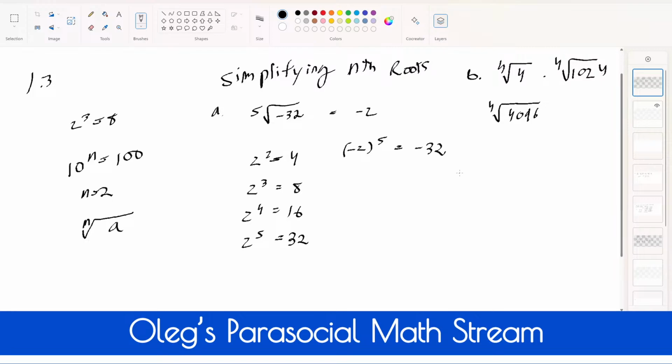So the fourth root of a is the square root of the square root of a. That's another way to think about it. You have to be extremely careful with signs on this stuff, but in this case, the answer is 8. The square root of 4096 gives us 64, and the square root of 64, of course, is 8. All right.